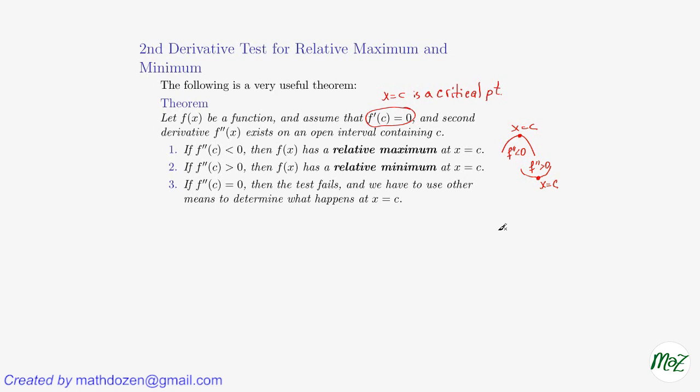The downside is, if the second derivative is exactly 0 at a point, then the test fails, and we know nothing as far as this test goes about what happens at x equals C, and we need to use other tests to determine what happens at this point.